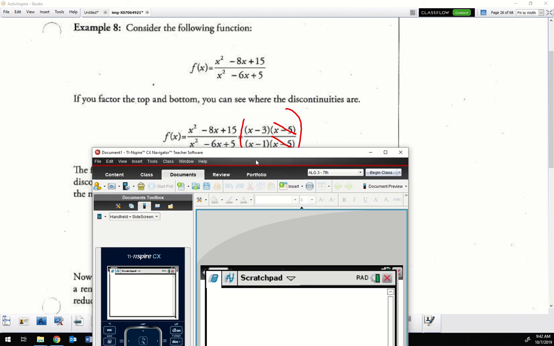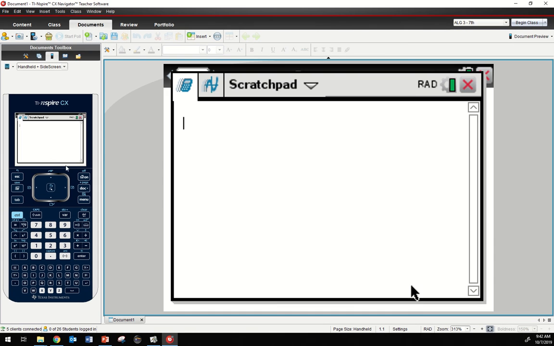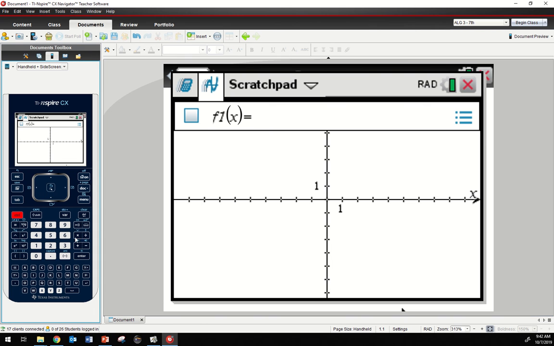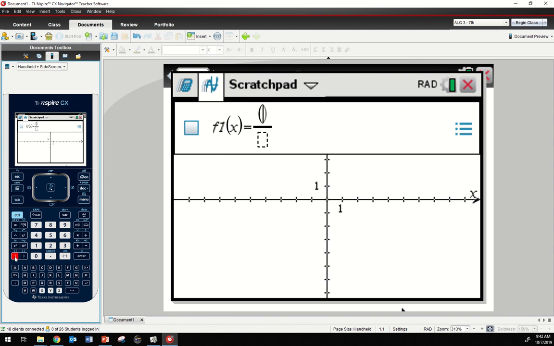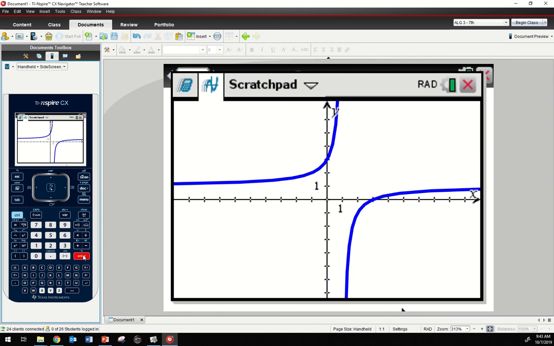All right, so we have x minus 3, x minus 1, control, divide, x minus 3, x minus 5, x minus 1, and x minus 5. There we go. So now I can see what it's going to look like at 1.